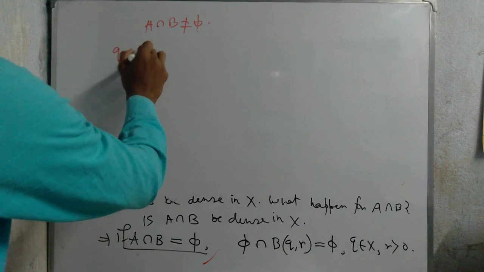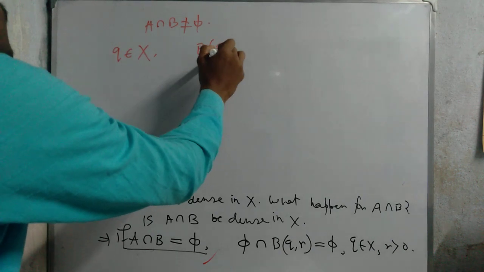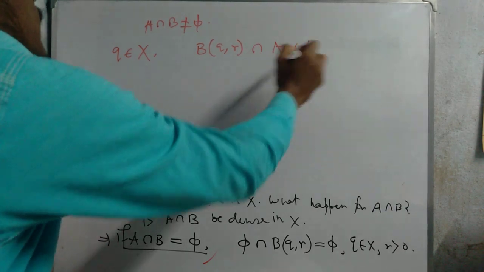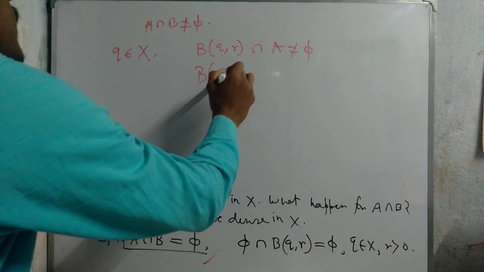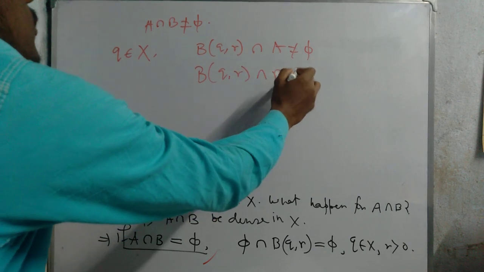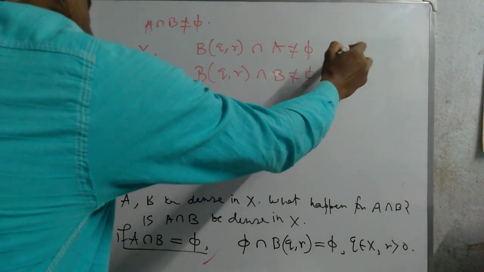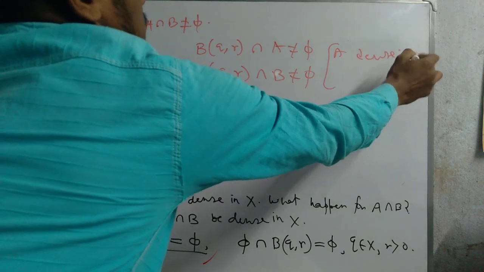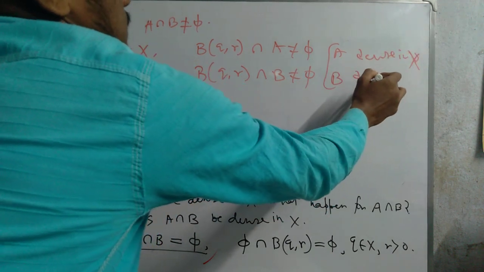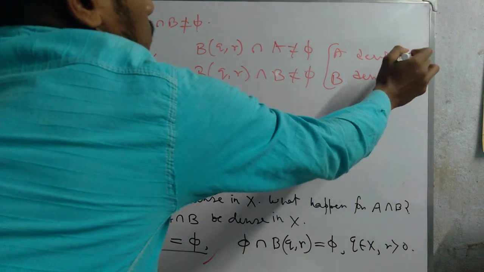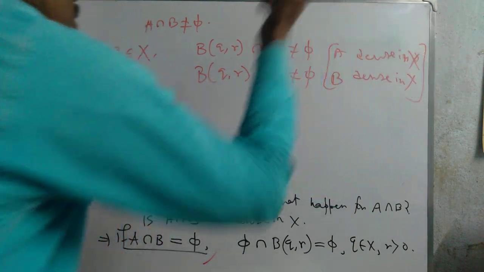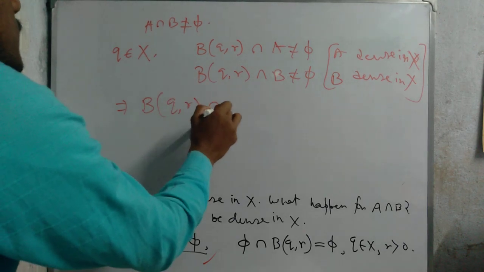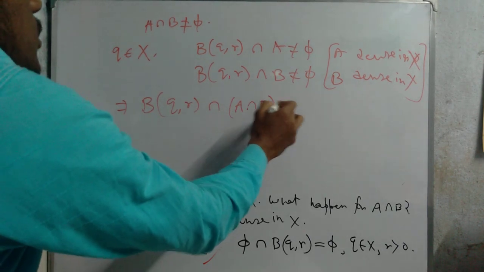But if A intersection B is not equal to phi, then take Q belongs to X, and B(Q, R) intersection A is not equal to phi. Similarly, B(Q, R) intersection B is not equal to phi, because A is dense in X and B is dense in X. So we get B(Q, R) intersection A intersection B not equal to phi.